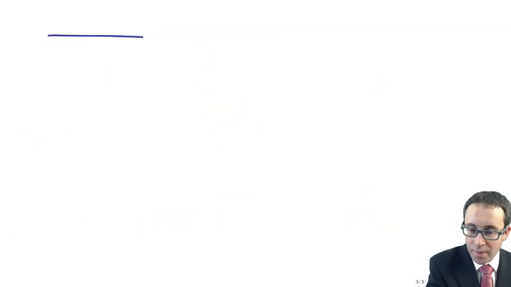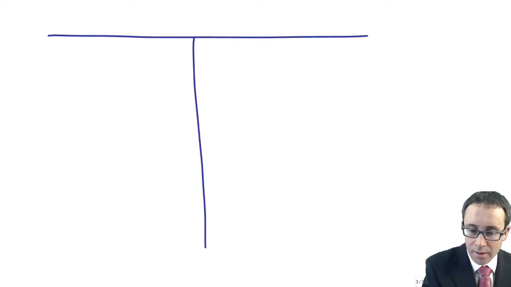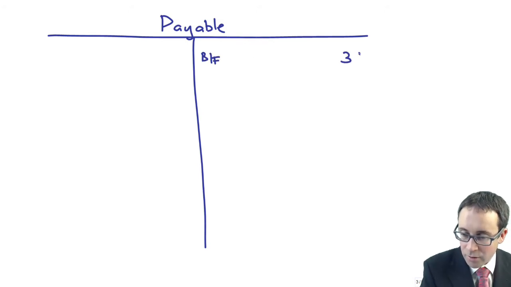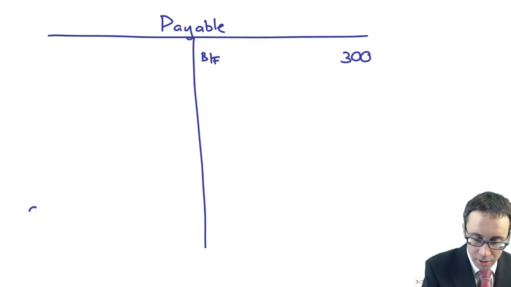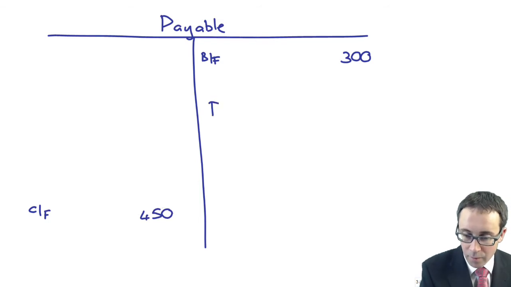If you then want the payable figure, the payable is a liability, isn't it? So we put on the credit side the opening liability, which I think was 300. The closing liability that you have is 450.